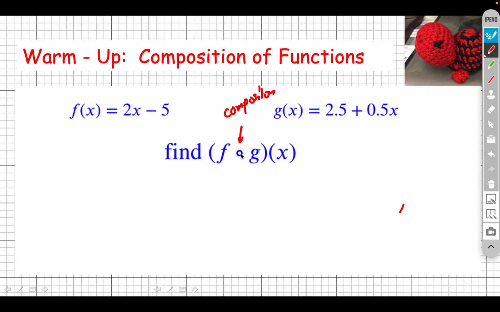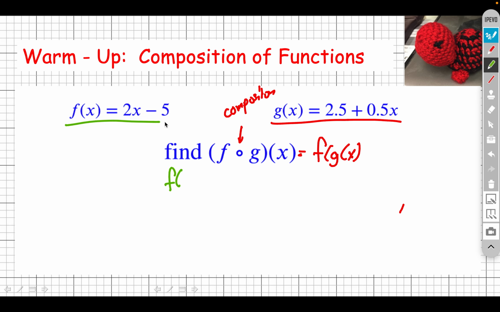This f composed with g actually means f of g of x. So if we do this again, we're going to start with g of x. Here's my g of x. Well, I can't evaluate that because I don't know what x is. So when I come to my f of g of x, I'm going to just take my function f, and I'm going to plug in g of x.